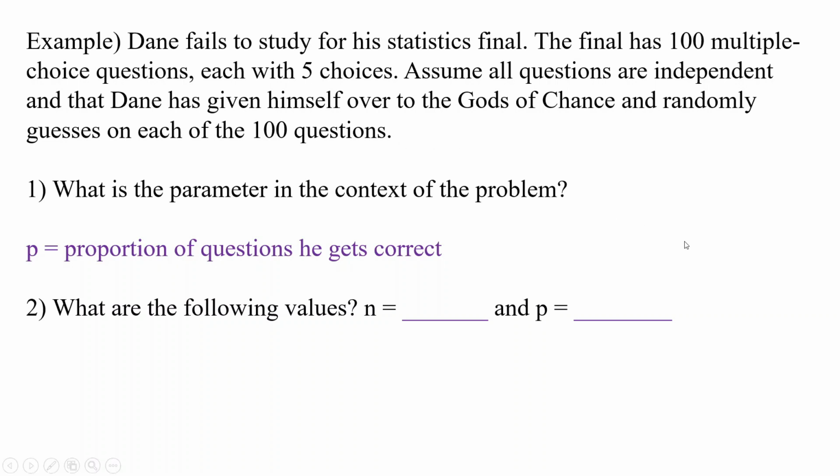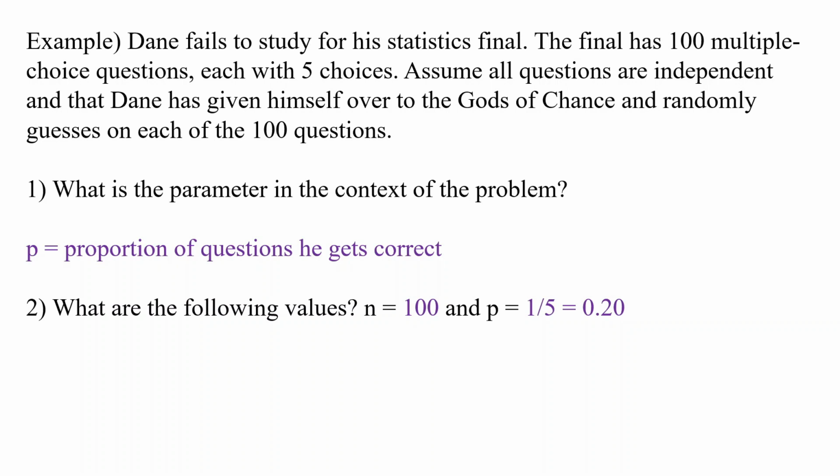So P is going to be what we're interested in. The following values, N and P. Well, N is going to be 100 because there's 100 multiple choice questions, okay? And P is going to be 1/5, which is 0.2, because the probability he gets that correct is 0.2.